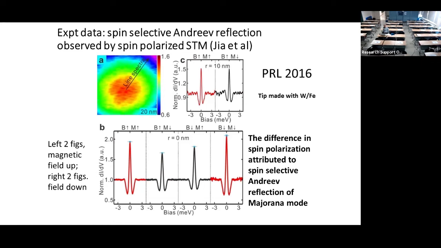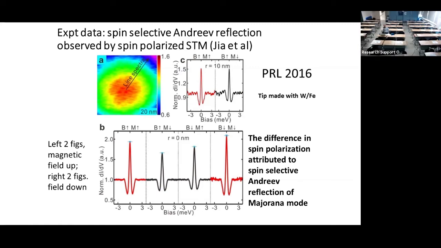Polarization is just the same, but the only difference is... You mean, yeah, well, the top right panel, yeah, is to show the STM result at the point 10 nanometer away from the center of the vortex. Oh, I see. The lower panel shows exactly the center of vortex. STM can be very accurate in that position.